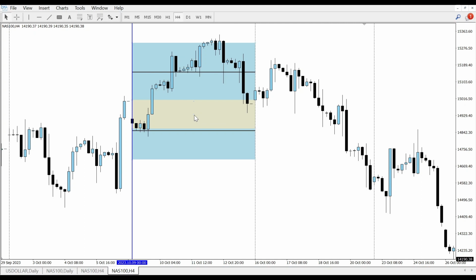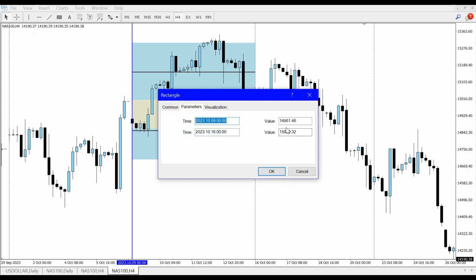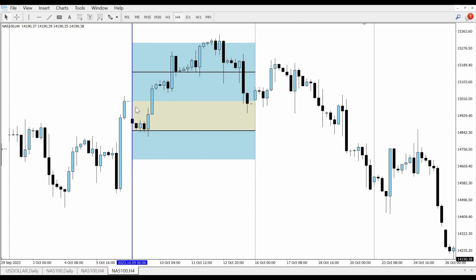And if we divide it, we're going to have 150 pips each of the discount region. So from the closing price, it was 15003.03. If we subtract 150 from it, we're going to have 14853.03. And that would be our upper discount. And this would be our lower discount.